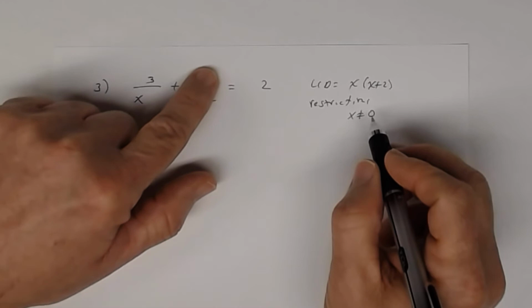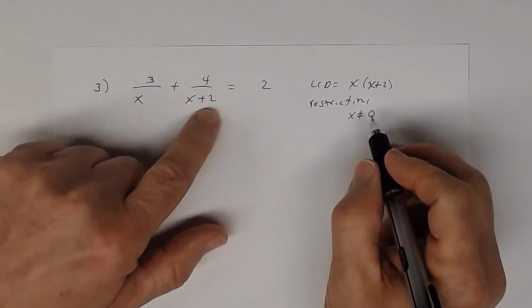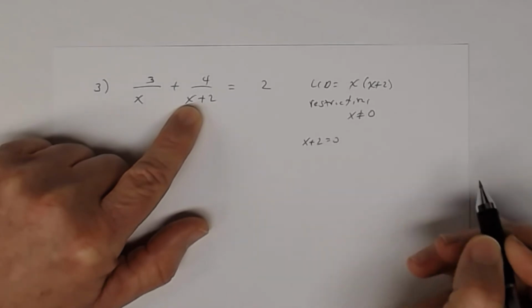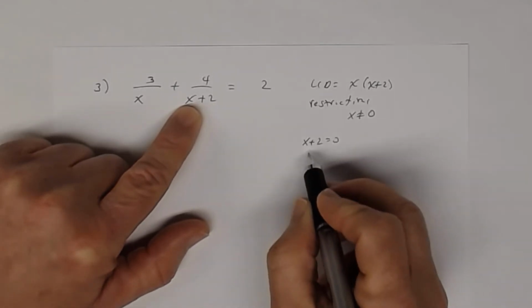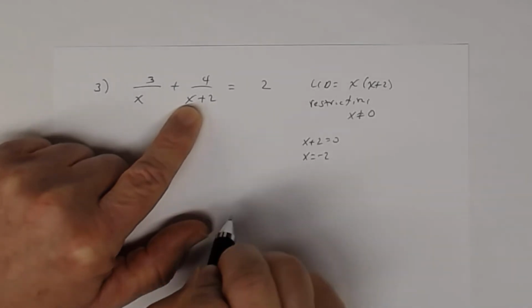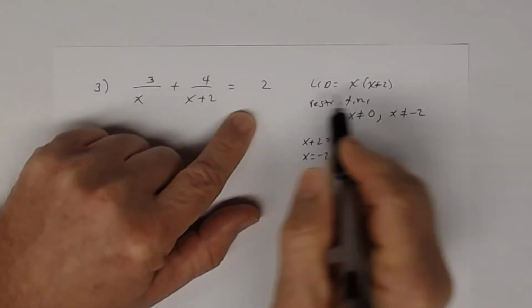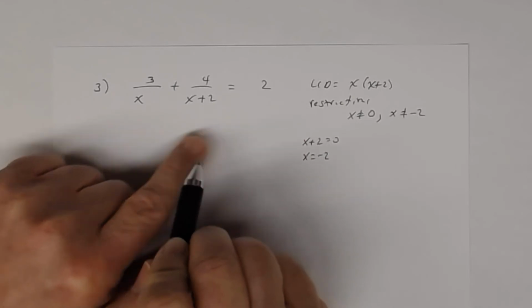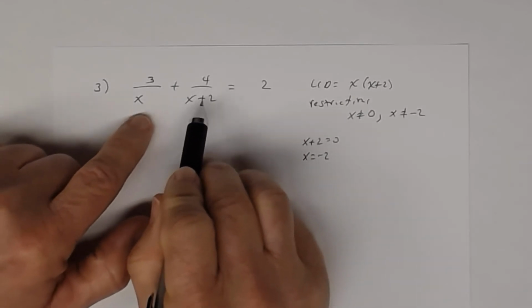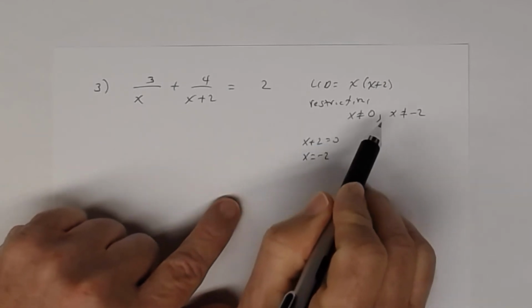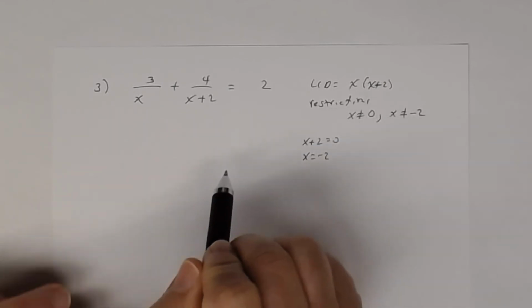For this rational expression, look at your denominator and ask yourself, where is x plus 2 equal to 0? Well, x plus 2 is equal to 0 when x equals -2. So there's the other restriction. And then this right here, there's no variable in the denominator, so those are the only 2 factors you're going to look at to determine your restrictions. So there are 2 restrictions, 0 and -2.